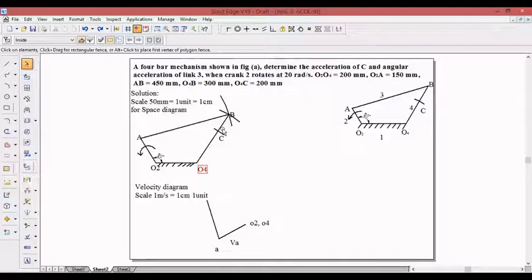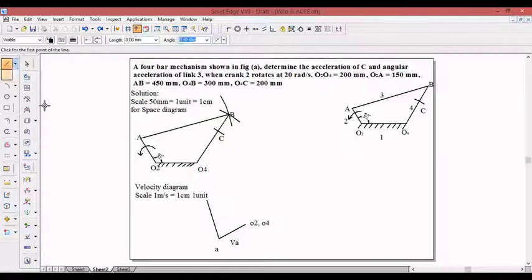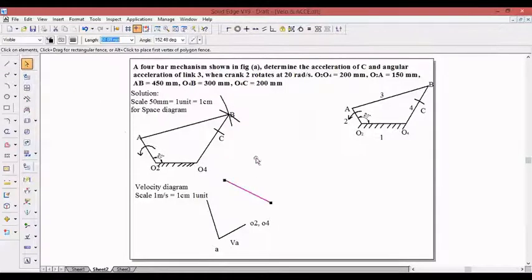And for the link O4B, we also don't know the velocity of point B with respect to O4, but we know the direction. So simply we need to draw a certain length line, and this line must be perpendicular to link 4.